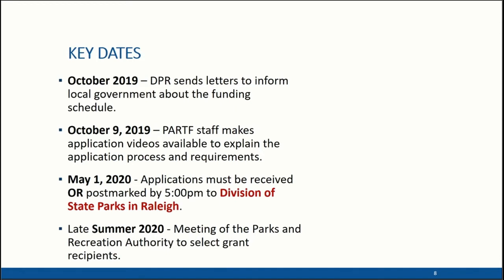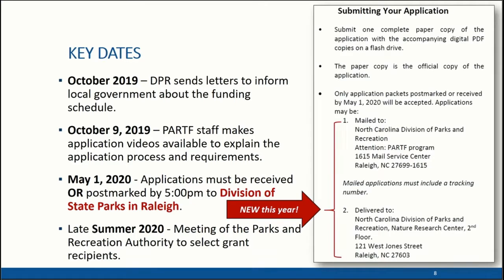So again, just a reminder on key dates. In October, the Division of Parks and Recreation sends out notice that the application is available and what the schedule is. We make application videos available to explain this process. May 1st, 2020 is when applications must be received or postmarked by 5 p.m. to the Division of State Parks in Raleigh. And this is new this year.